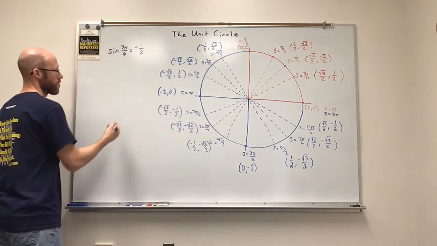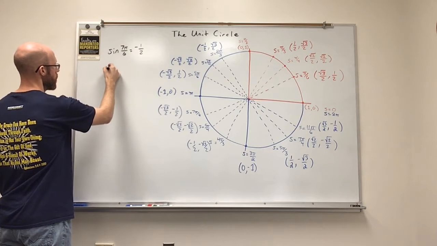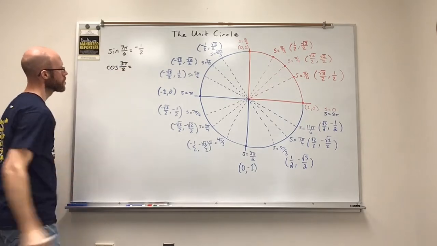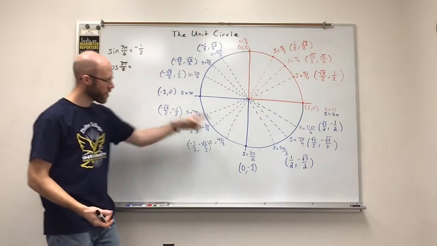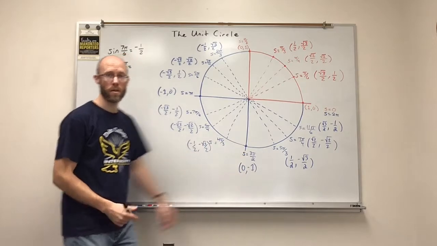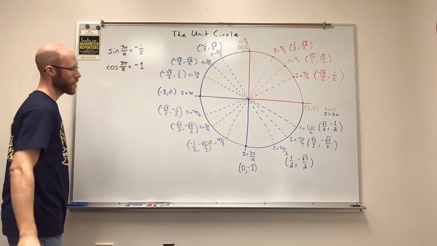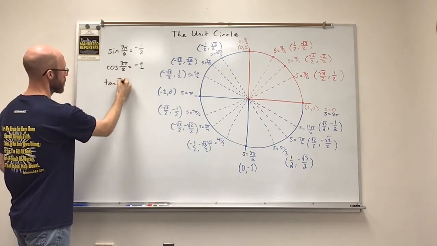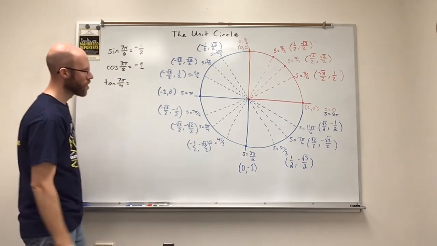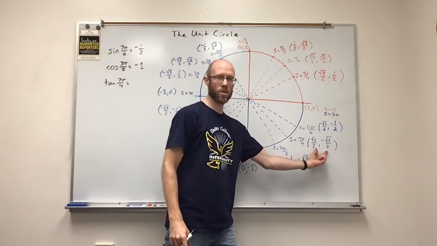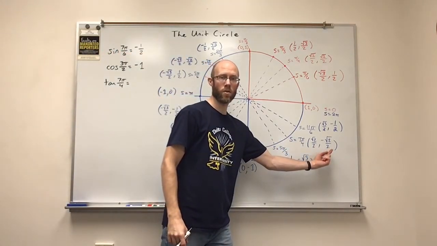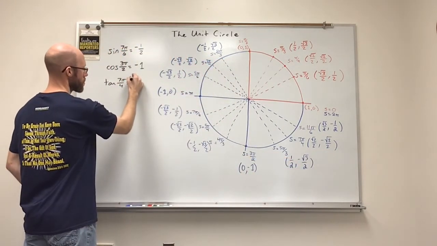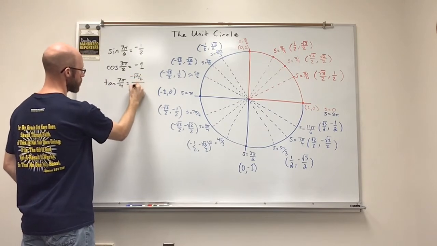If I wanted, for instance, to find the cosine of 3 pi over 2, well, the cosine is the x value at angle 3 pi over 2, and the x value is -1. Or if I wanted the tangent of 7 pi over 4, that's simply the ratio of y over x, and that ratio is -√2/2 over √2/2.